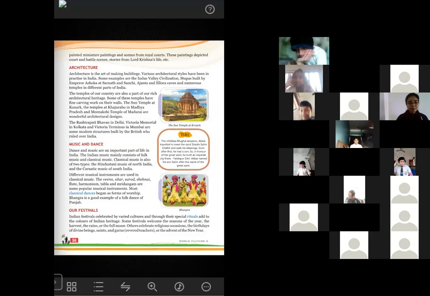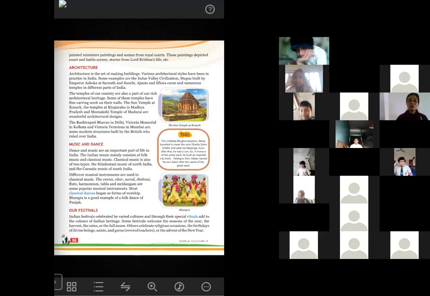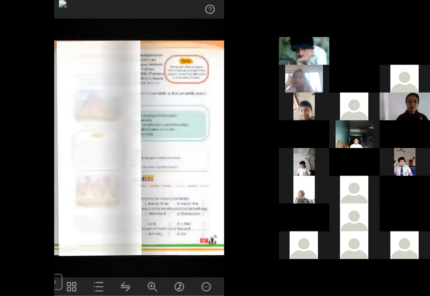Saints and gurus, like Guru Nanak's birthday, we celebrate it, right? You get a holiday also. So like this, we also celebrate the New Year with the whole world, right? So there are so many festivals that are celebrated in different parts of India. Now we will learn about the names of some such festivals.